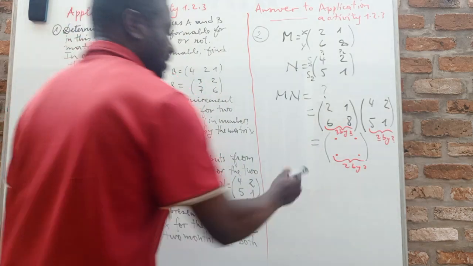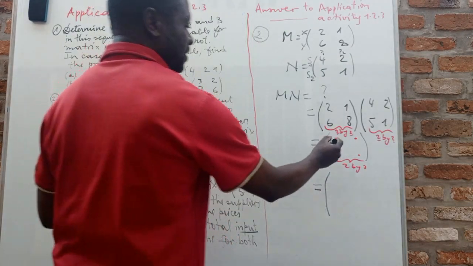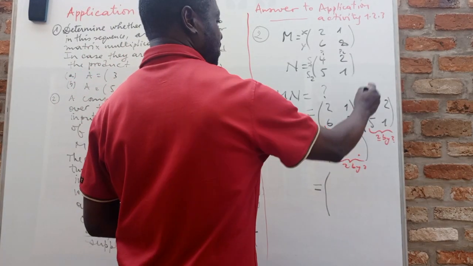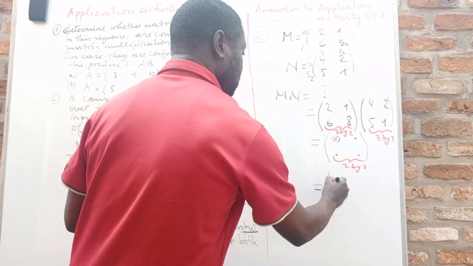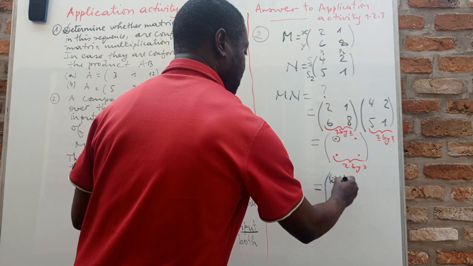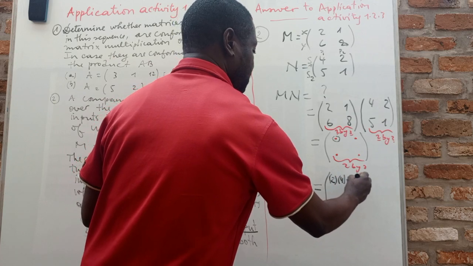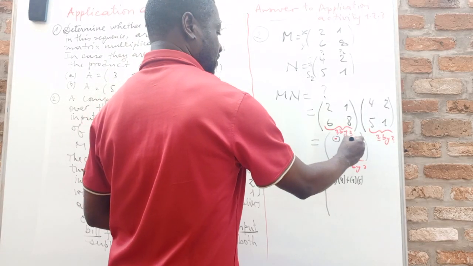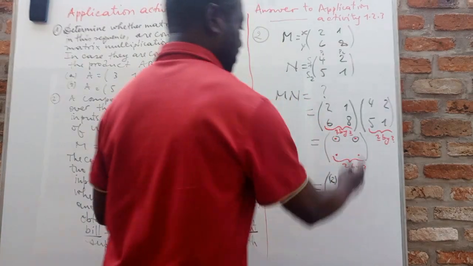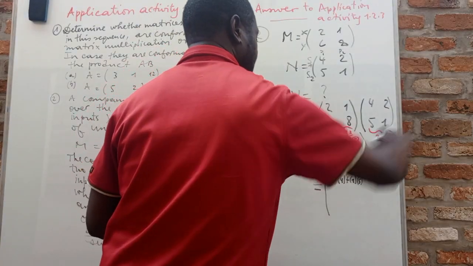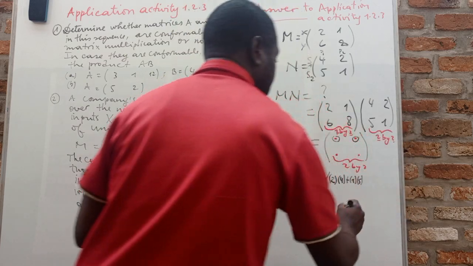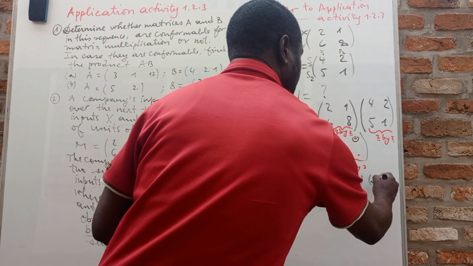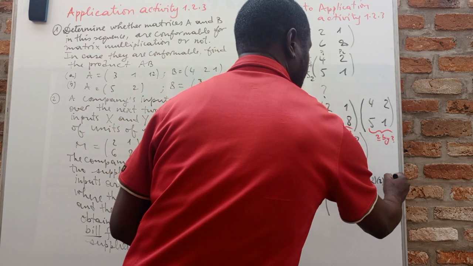Now, how to find each element? The first element will be the first row times the first column: 2 times 4 plus 1 times 5. The second component of the first row will be the first row times the second column: 2 times 2 plus 1 times 1.